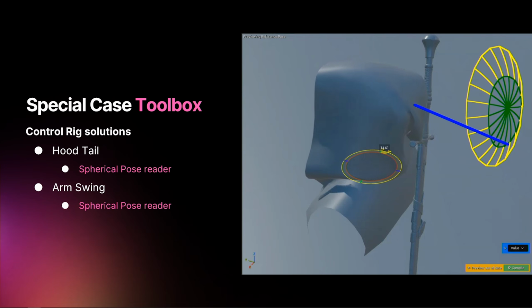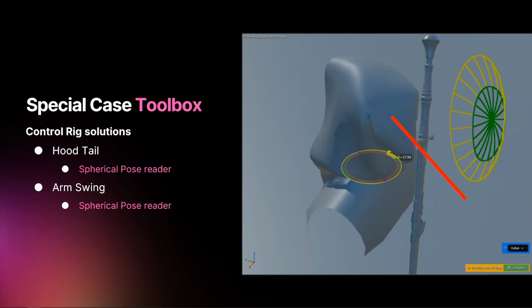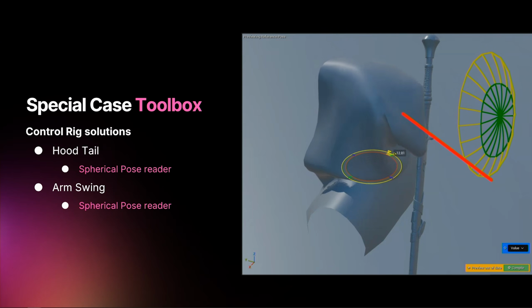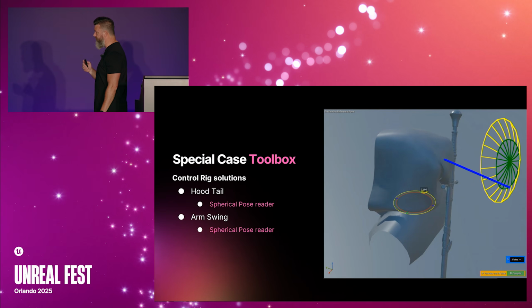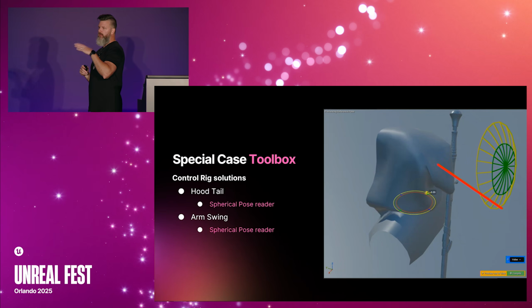Also in control rig, there's this thing called the spherical pose reader, and this is one of my new favorite functions. Here we have the hood tail with her scabbards. It was clipping, right at the perfect spot to cause problems.